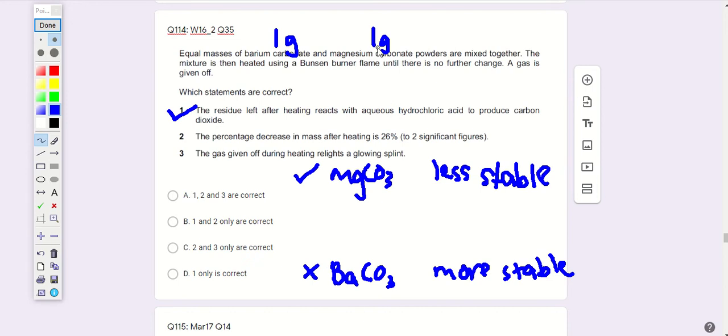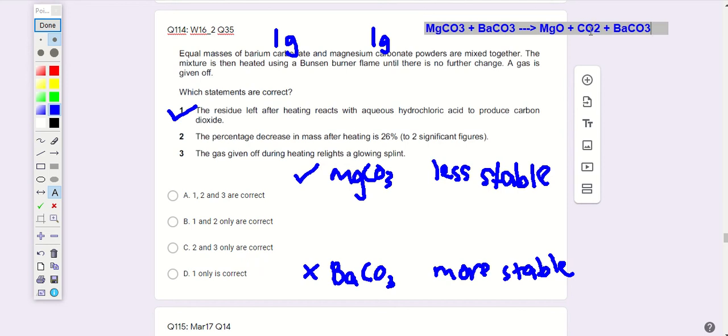So after heating, let me write the equation. If I have MgCO3 plus BaCO3, after the heating I get MgO plus CO2 plus BaCO3, because barium carbonate did not decompose.